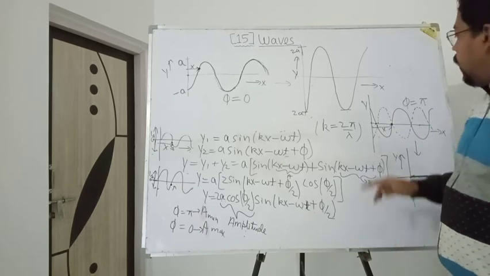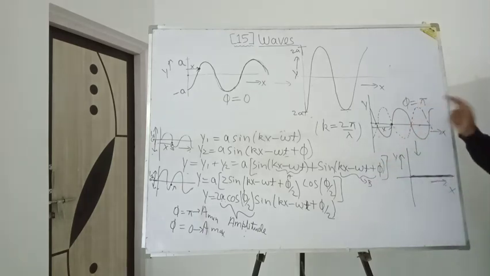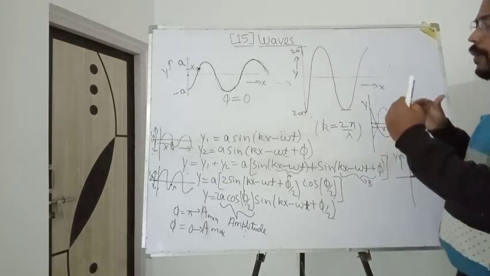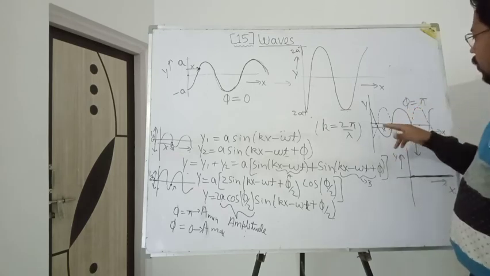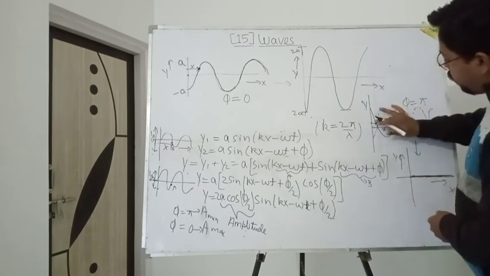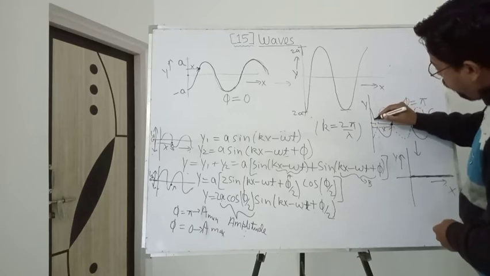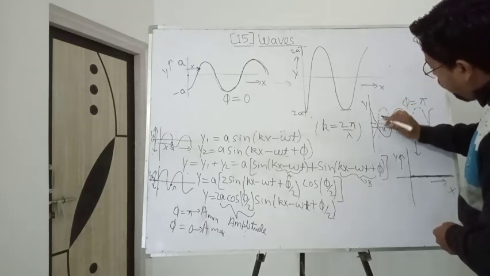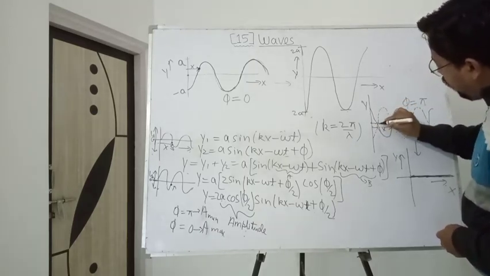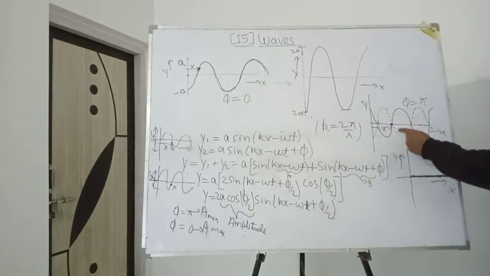But when the value of phi becomes pi, that means the particles are moving in opposite directions. Here you can see the point of intersection where the two waves are intersecting like this. One wave is shown by this dotted line, another wave by this solid line.